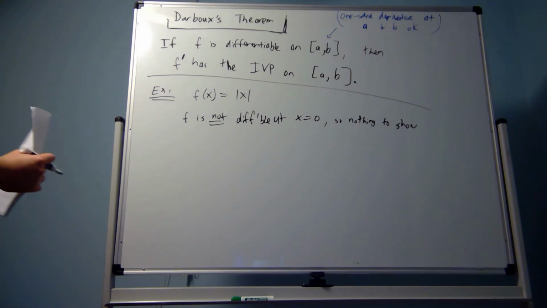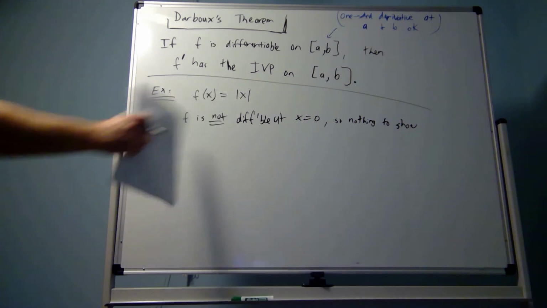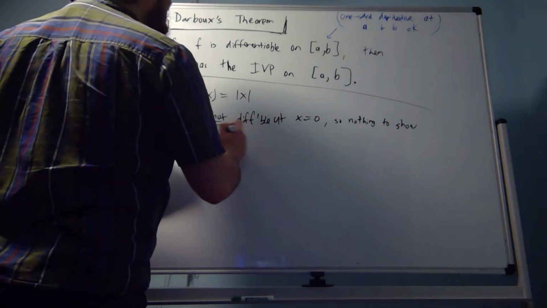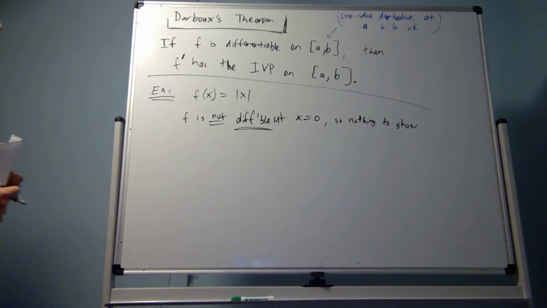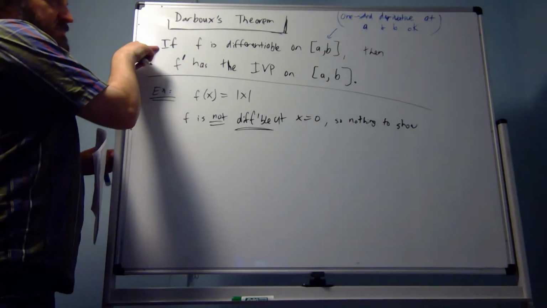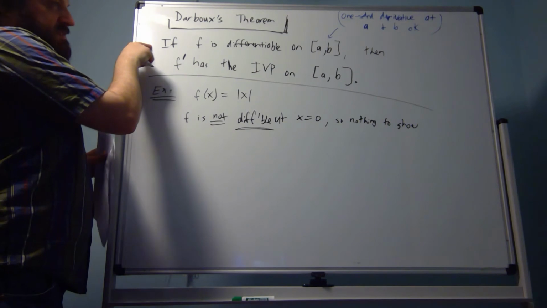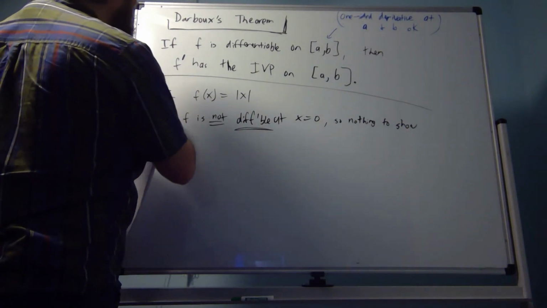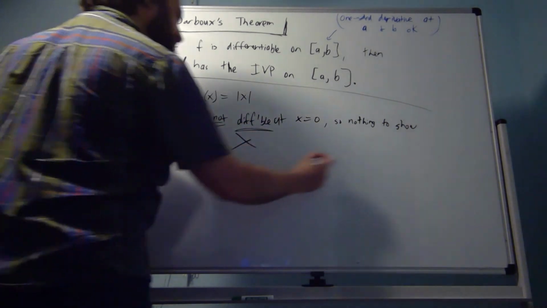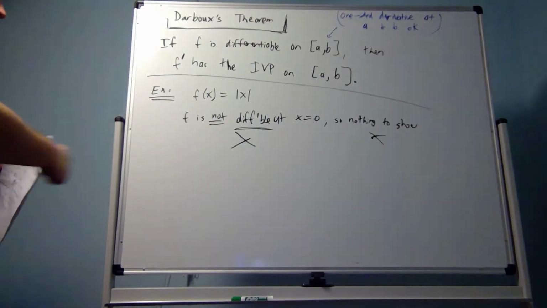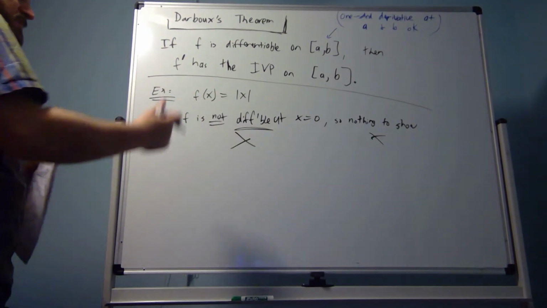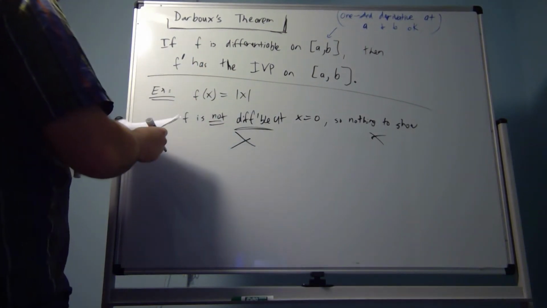If you take the interval from -1 to 1, then it's not fine because x equals 0 is an interior point. So this is false. If the premise is not true, you don't need the conclusion to be true. There's nothing to show. What we need is that if the function is differentiable on the entire interval, we had better have the intermediate value property.